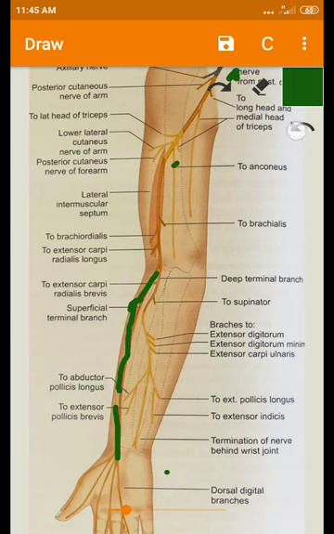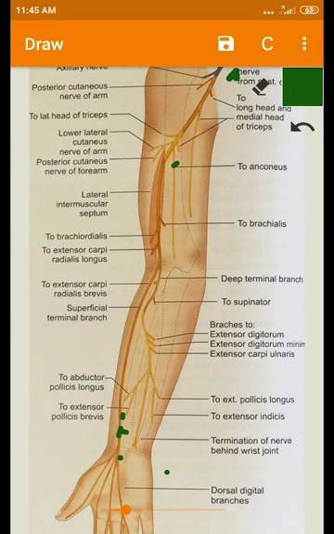Radial nerve. Okay. And then about 5 centimeters above the wrist joint, it curves around the lateral margin of the forearm under the brachioradialis.